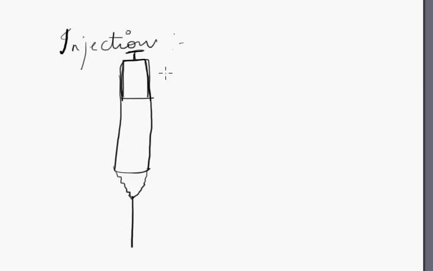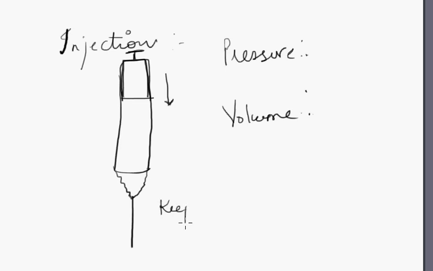See, if the piston is pushed downwards, there's a pressure, let's write pressure and volume, keeping temperature constant.